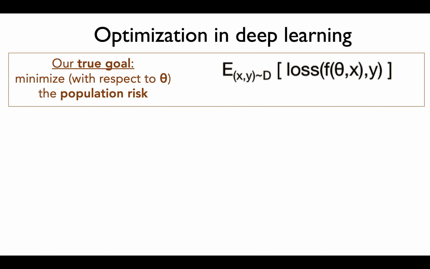So in optimization, the true goal is in fact to minimize with respect to theta, which is the deep neural network model parameters, the population risk. Basically what this risk is measuring is the loss, which is the difference between what the model is saying and what the true labels are.